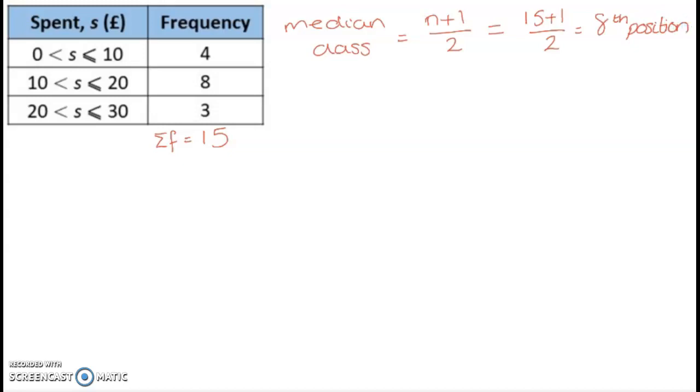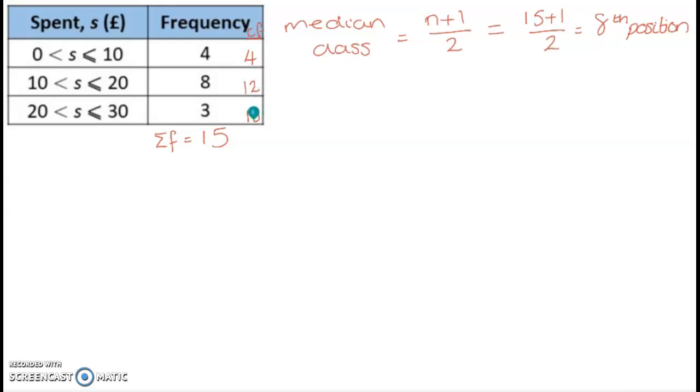Looking at the data on the table and by using a cumulative frequency, I can see that the first 4 people's money is between 0 and £10. Adding on 8 to that takes me to 12, and adding on the final 3 is 15.